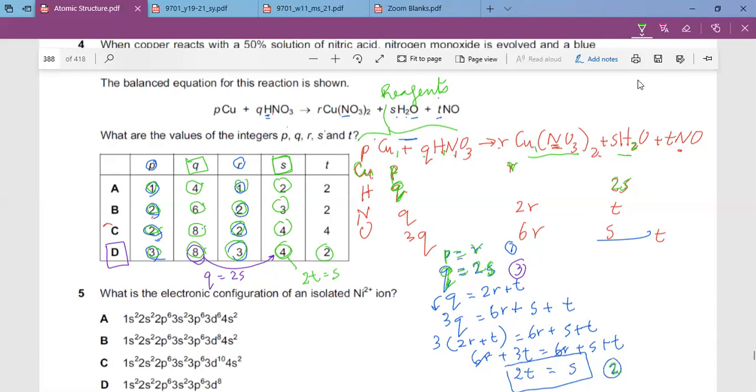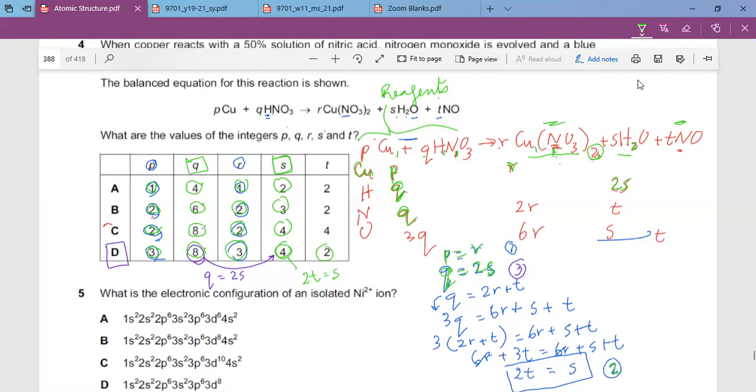Now next one here. Next one is N. So the answer is T is the one that will prove, isn't it? Now N. 1 mole of nitric acid has 1 atom here, so Q moles, Q. Here there are 2 nitrogen, so for 1 mole of copper nitrate there's 2.